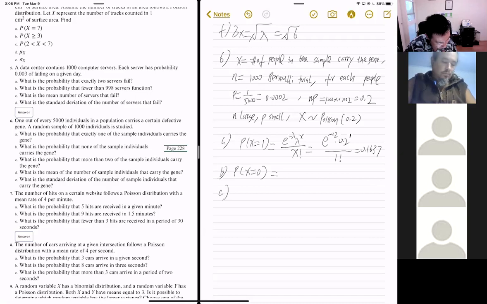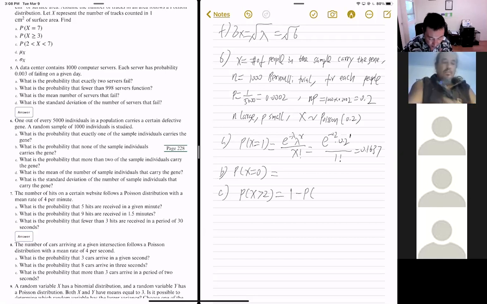C, the probability that more than 2 of the sample individuals carry the gene. So that's asking P(X larger than 2). Again, we do not do that directly because X could be 3 or 4 or 5, 6, 7, 8, 9, 10, or even 100. So you cannot do the direct calculation. So we use the fact that all the probabilities added together equal 1.